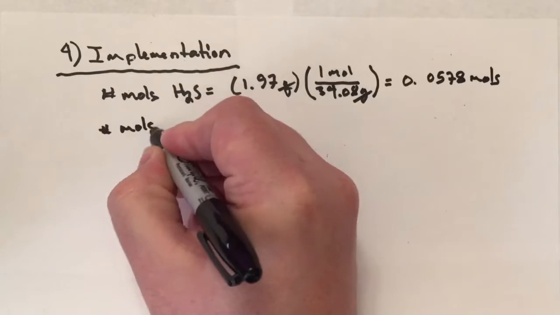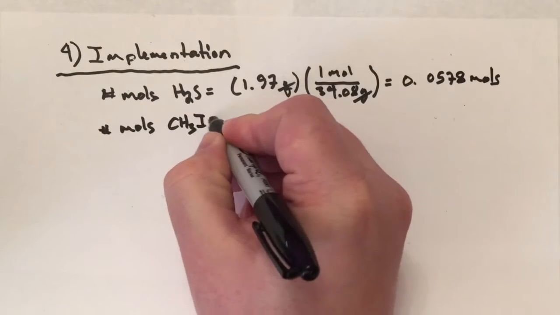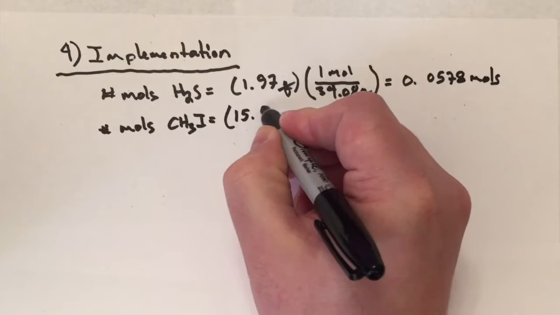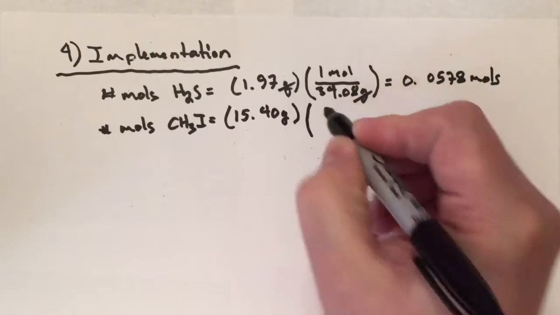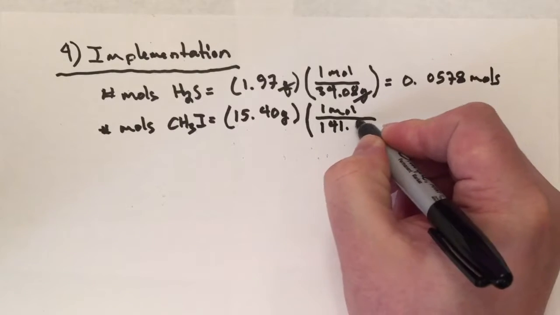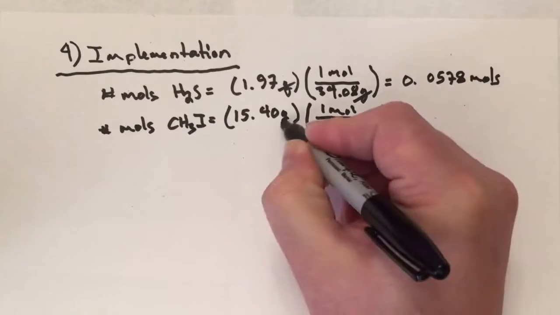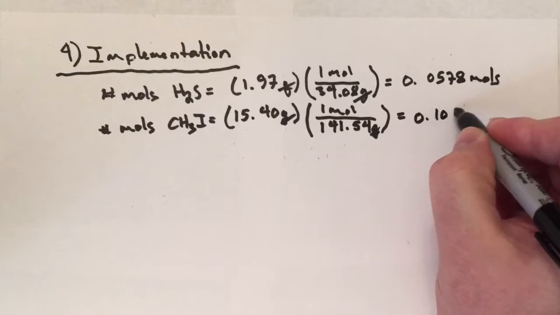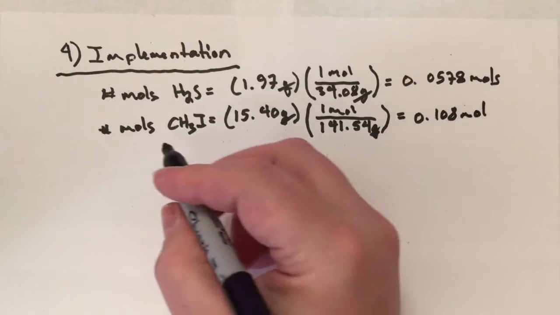Number of moles of methyl iodide is equal to its mass, 15.40 grams, times the inverse of its formula weight, 141.54 grams, equals 0.108 moles.